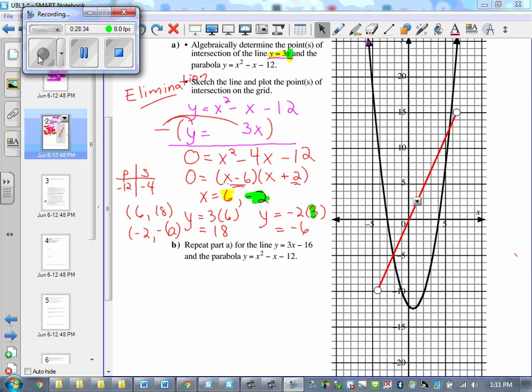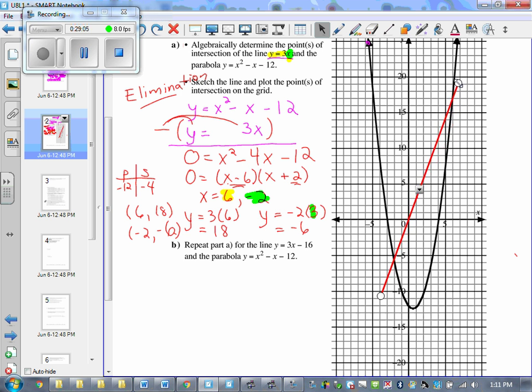Okay, so hopefully my line is showing our intersection in the right spots. Kinda. It looks like that second one there is at like -5 instead of -6. So it should be like this. And this one should be at 6 and 18, so like up here.